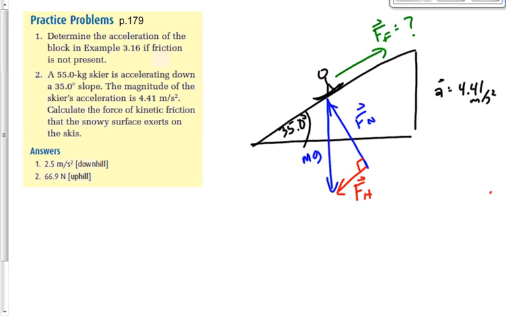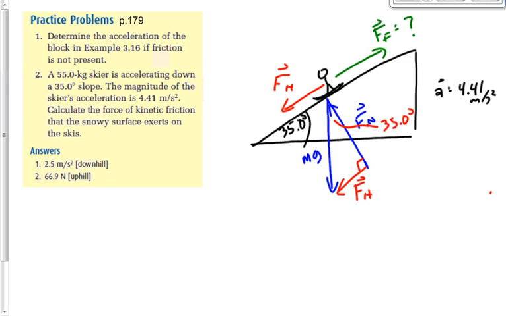FH is the combined normal force and force of gravity. That's the force that pulls it down the hill. I need how strong that force is, the value of that force. What's the angle right there? Over 35 degrees. It's going to be the same as the angle of the hill, 35 degrees.